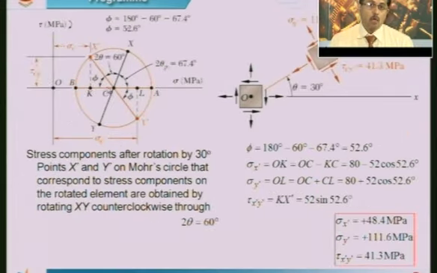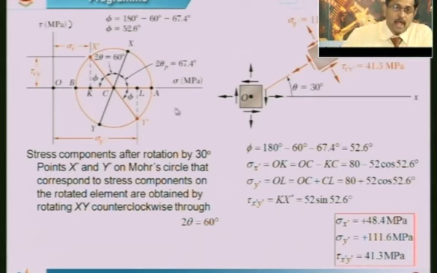Now, how to get the plane on which the maximum shearing stress is going to act. We had drawn x and y, the Mohr circle, we had got point A, point B, and we had got this.